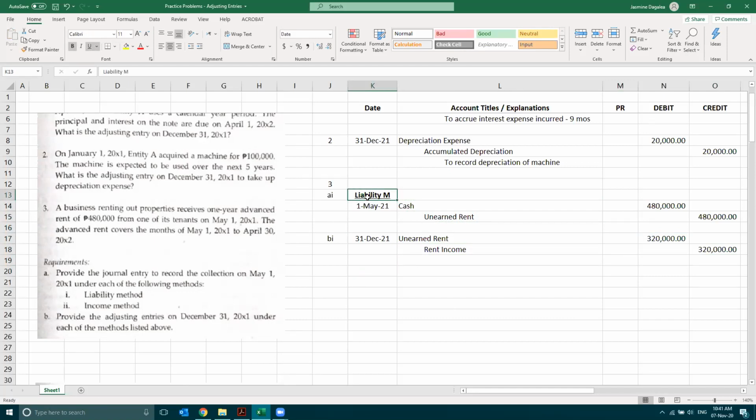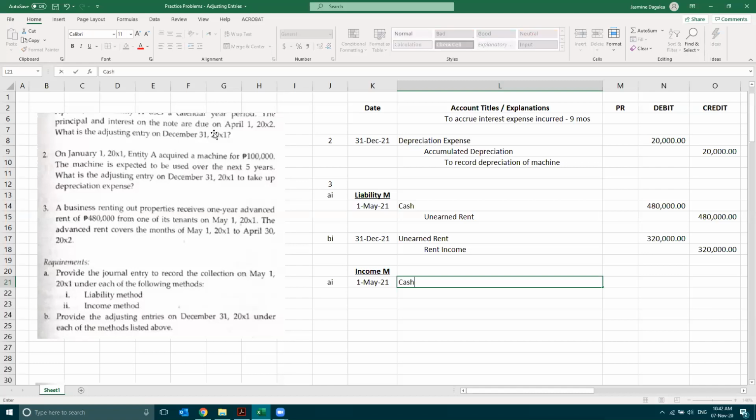Now, requirement number 2 uses the income method. A1, how do you recognize the May 1 receipt of cash under income method? What is your initial entry?